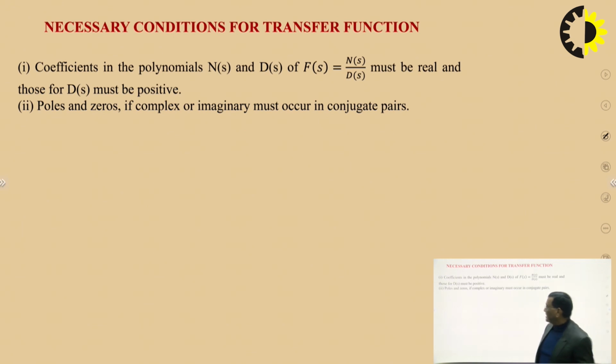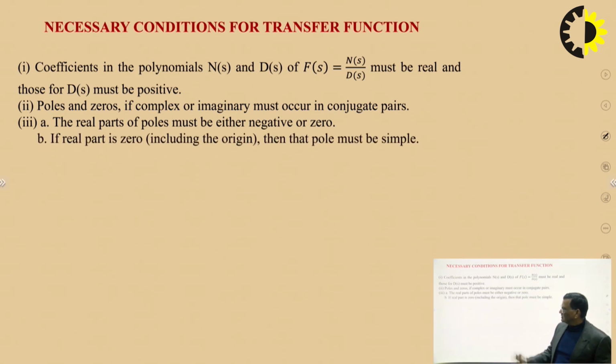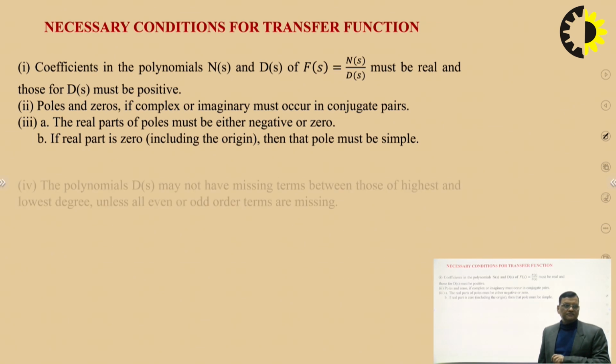Poles and zeros, if complex or imaginary, must occur in conjugate pairs. The real part of poles must be either 0 or negative, and if the real part is 0, then that pole must be simple or distinct. At one location there must be only one pole, not multiple poles.